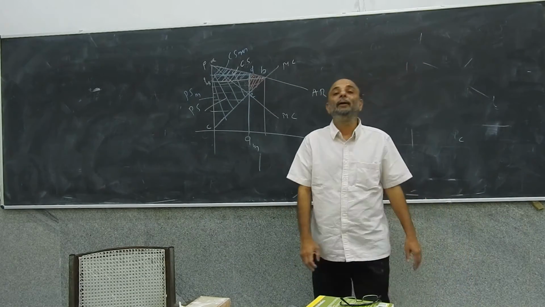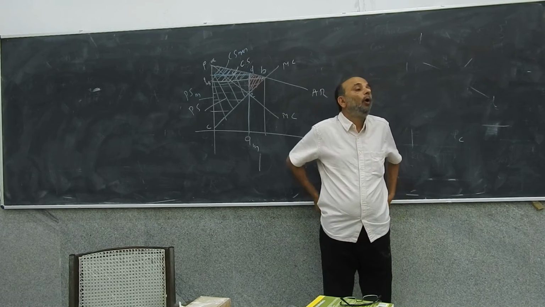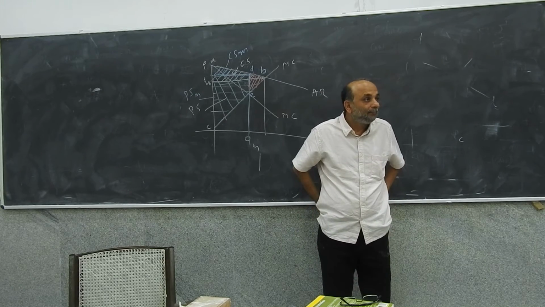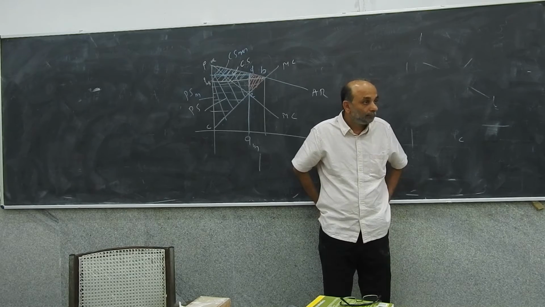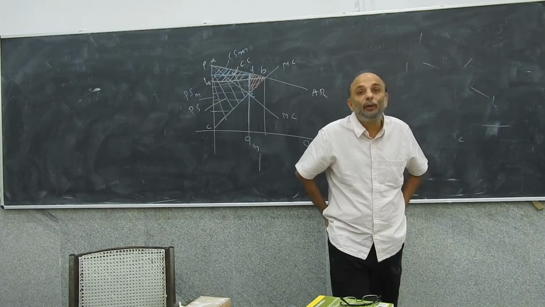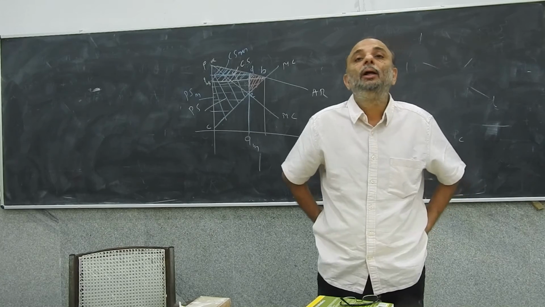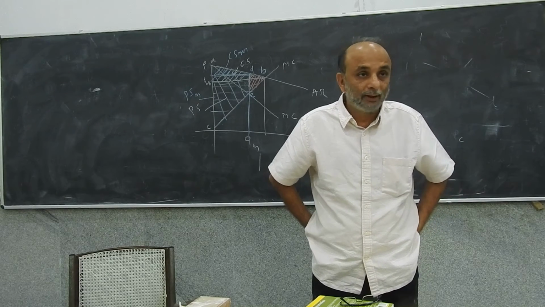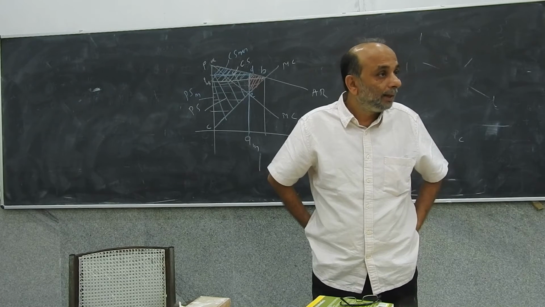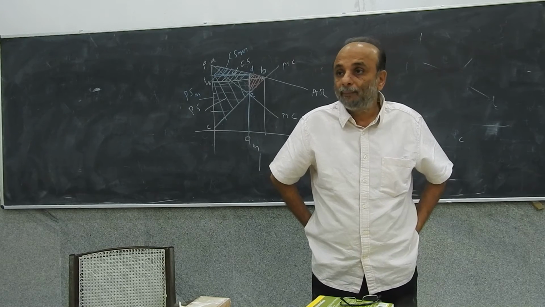This is called deadweight loss of monopoly. So what this means is that purely from the gains of trade argument, monopoly realizes fewer gains to society as a whole compared to a perfectly competitive economy. Is this clear? Sure? Right?